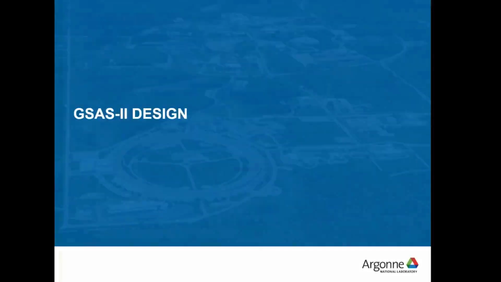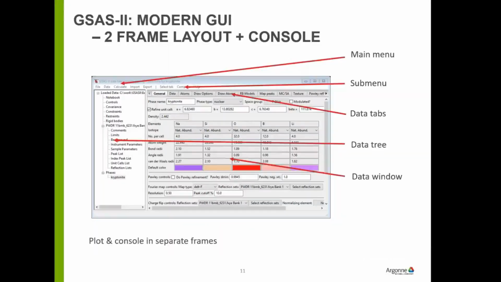Anyway, the design: there's 3 frames that you see, 3 windows, if you like. One is a plot. The other is a console, which contains error messages. You cannot put anything into the console. You can't type something in, do something. It just tells you stuff.